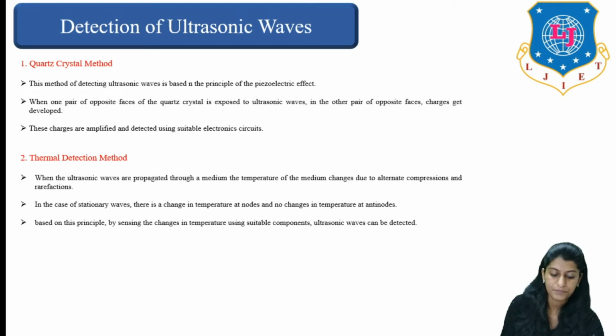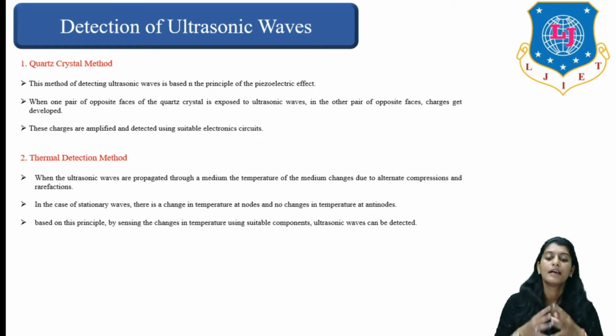Now, the second method is the thermal detection method. What do we do in the thermal detection method? When ultrasonic waves are propagated through a medium, we all know that ultrasonic wave is a sound wave, it needs a material medium to travel.